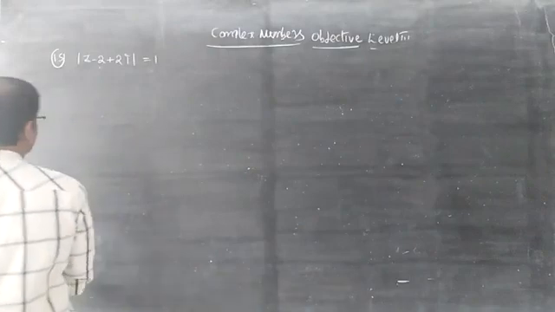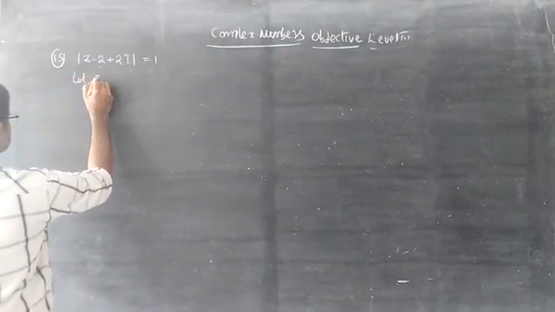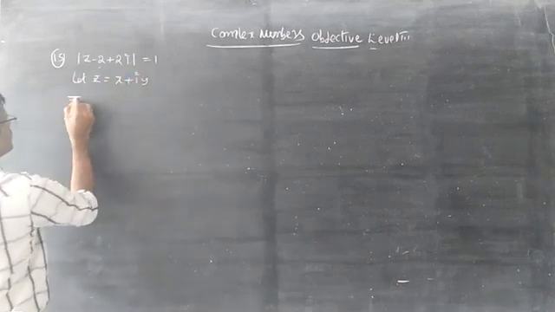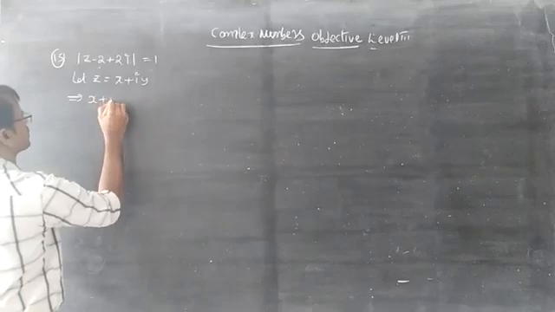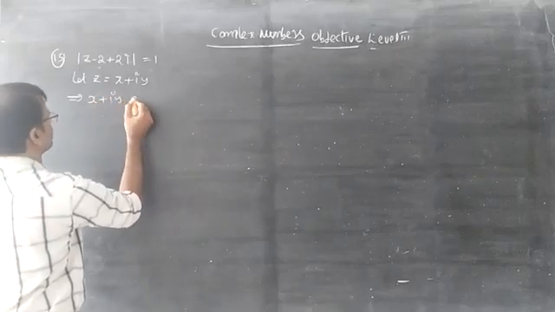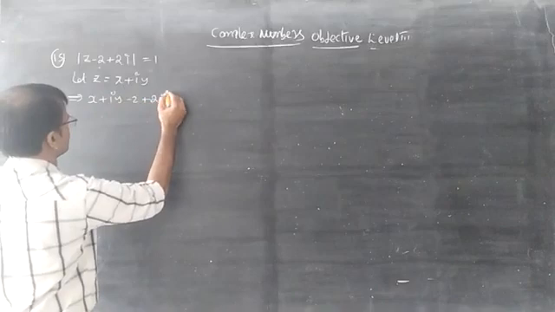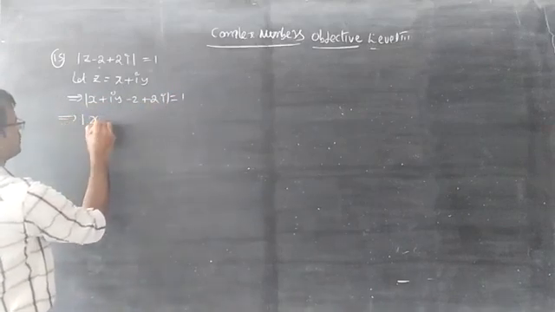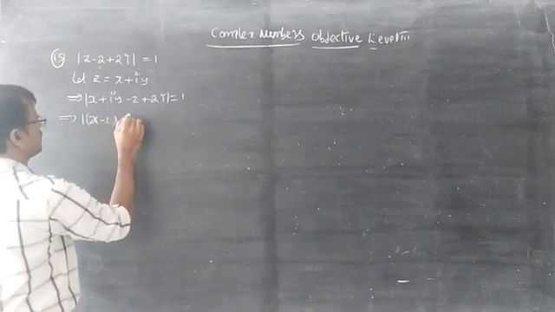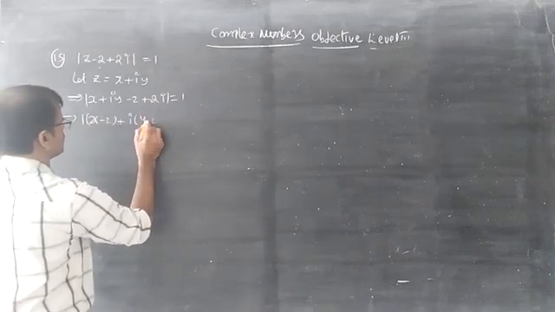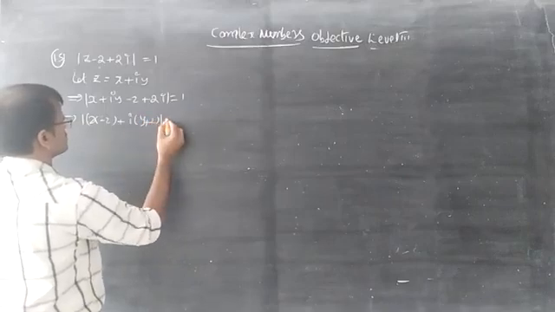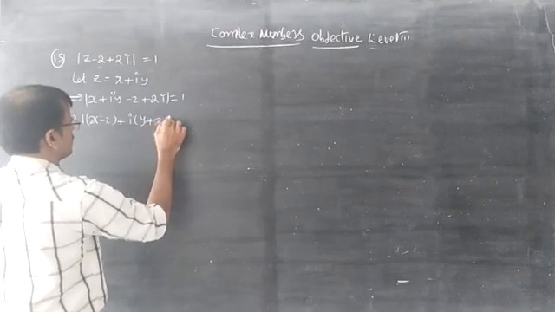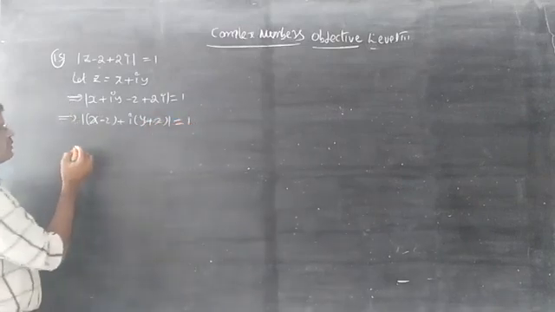So we can think of this one. Let z be equal to x plus iy. That implies you can write the modulus of x plus iy minus 2 plus 2i is equal to 1. That implies x minus 2 plus i times y plus 2 is equal to 1.